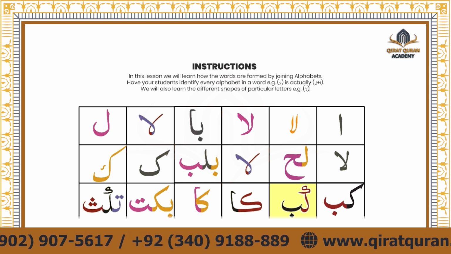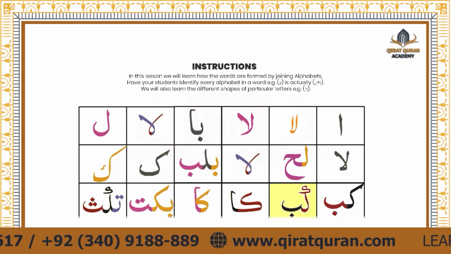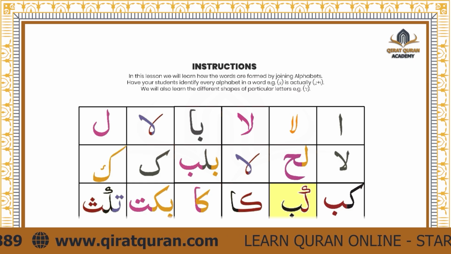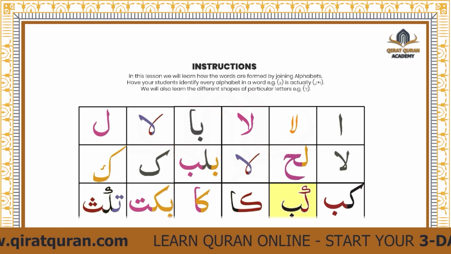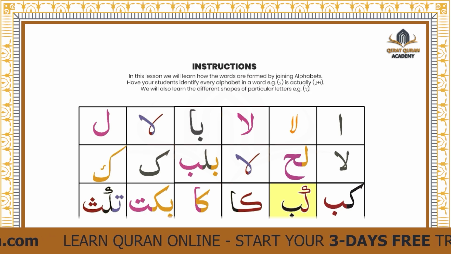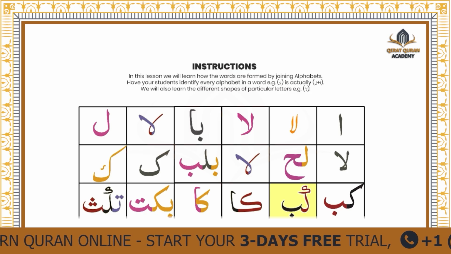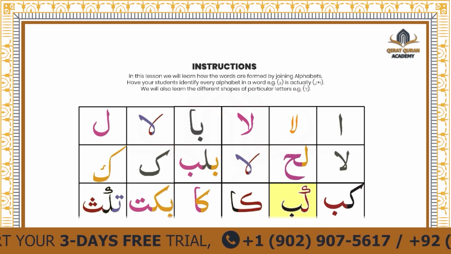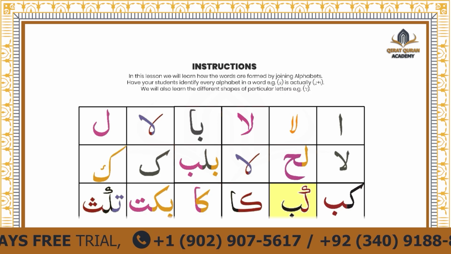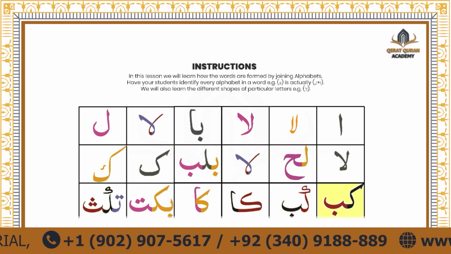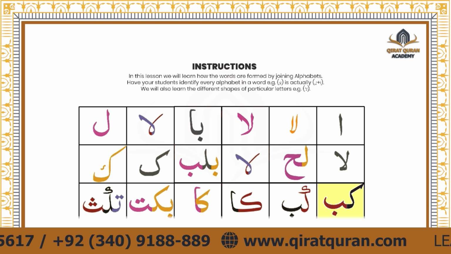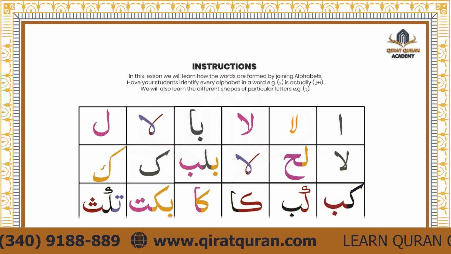So kaf has also different styles of writing when it comes with any other letter. Sometimes it looks like this, as you can see here. So from this sign we can recognize this is kaf, and then ba, and sometimes it comes in this shape, kaf, ba.